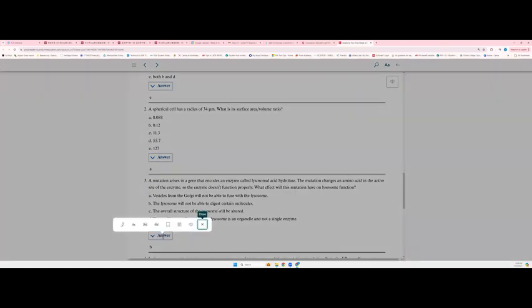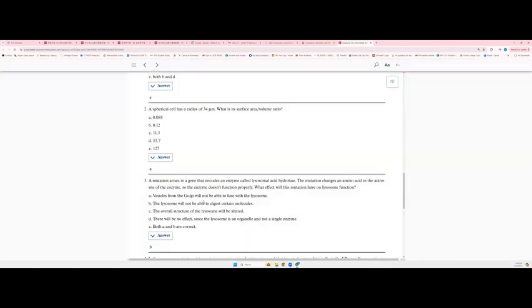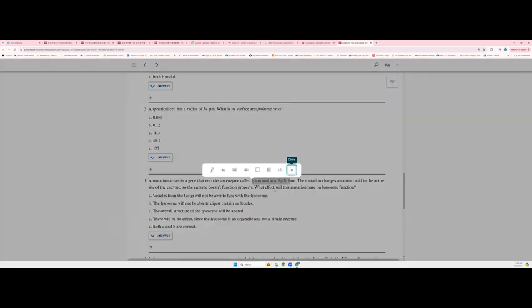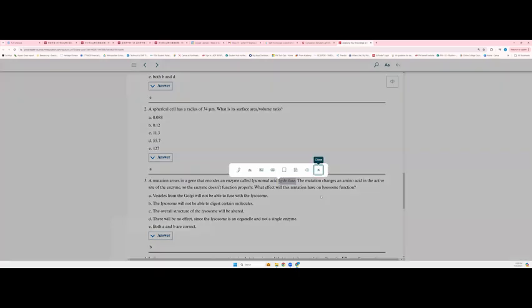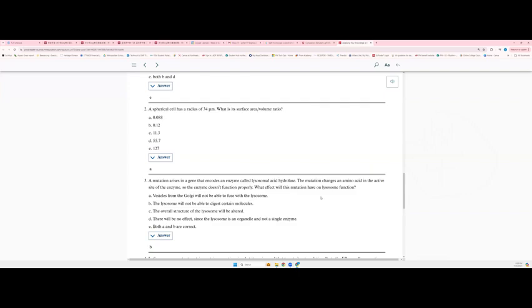Okay, should be B, right? Because the enzyme comes from the gene. The gene was changed, so the enzyme was changed, so the enzyme doesn't work anymore. This is the enzyme called lysosomal acid hydrolase. Hydrolysis means this enzyme was used to do hydrolysis of some molecule, which helps to digest some molecule, right?